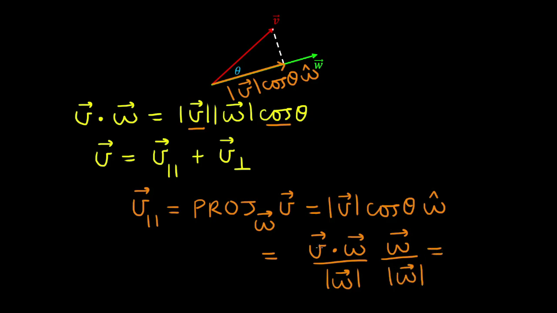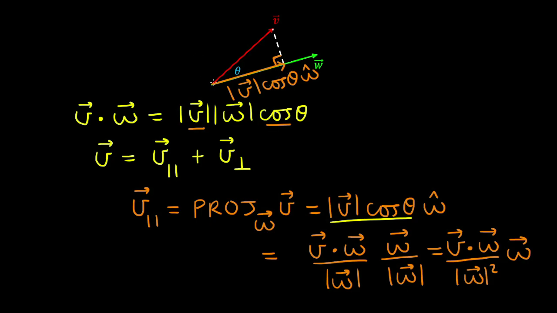So simplifying this, we get v dot w on the squared magnitude of w multiplied by w. So this is the orthogonal projection of v onto w. So v cosine theta is the scalar component of v in the direction of w.